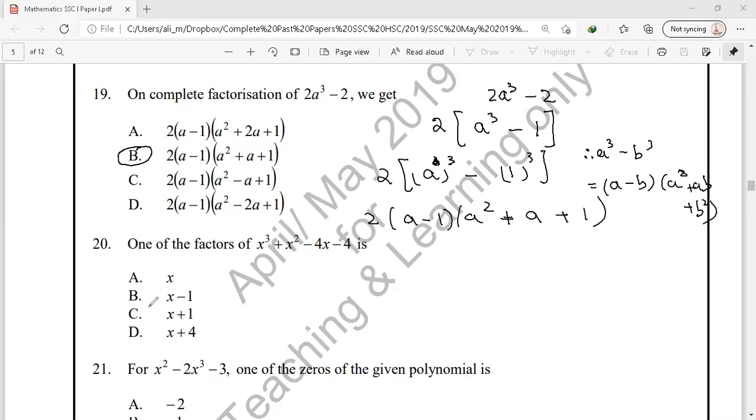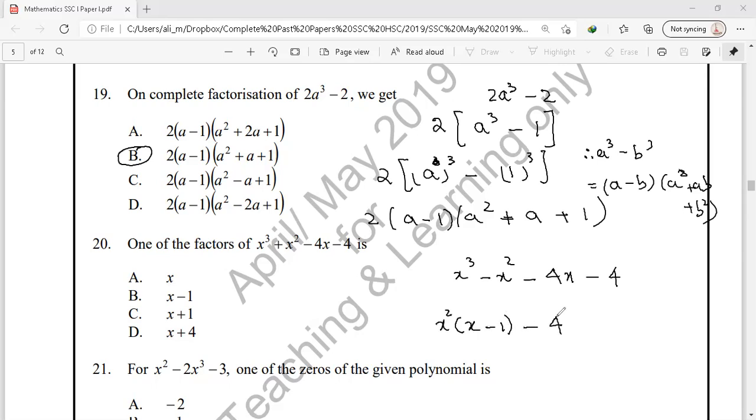Next we have question number 20, and one of the factors of this expression, x cube minus x square minus 4x plus 4. One method is that we can put in values of x and see whether this expression becomes 0 or not. The other way is to take common and try to factorize it. If we take x square common, the remaining we have is (x minus 1).